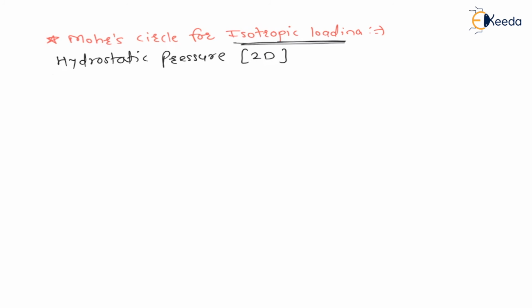Hydrostatic pressure means if the component is kept in a liquid, let us say this is a static fluid, and in this fluid I keep one two-dimensional element, as per Pascal law, pressure in all directions is the same and compressive.